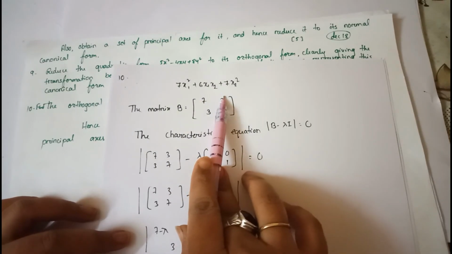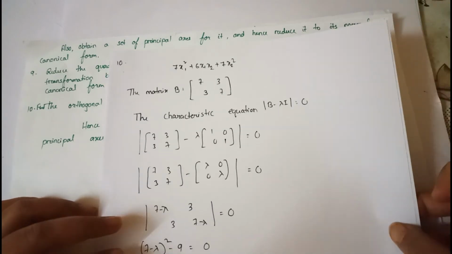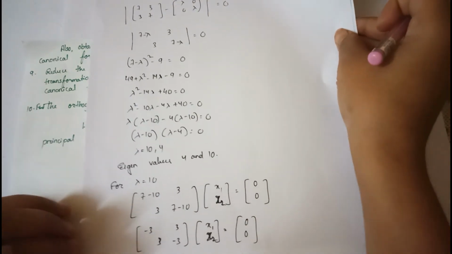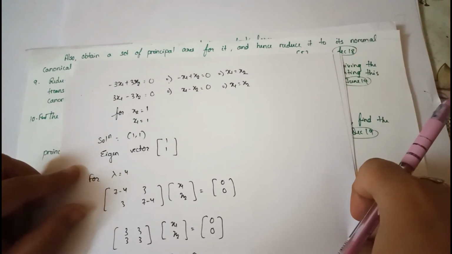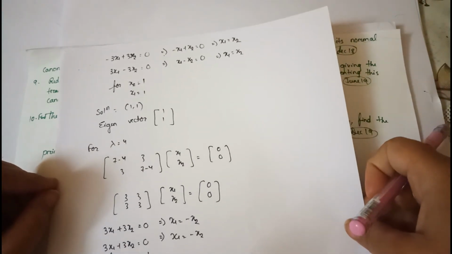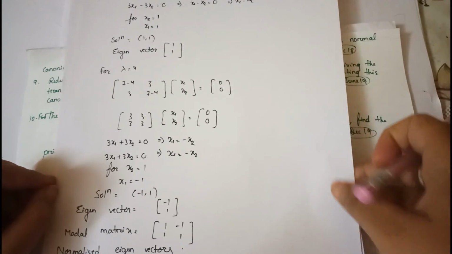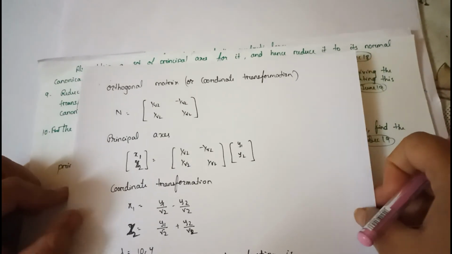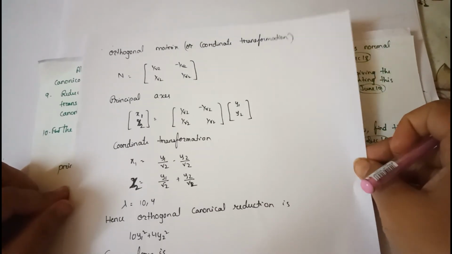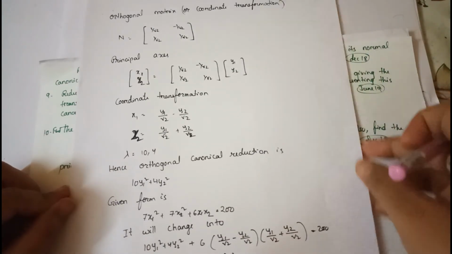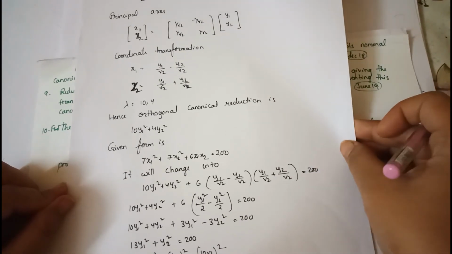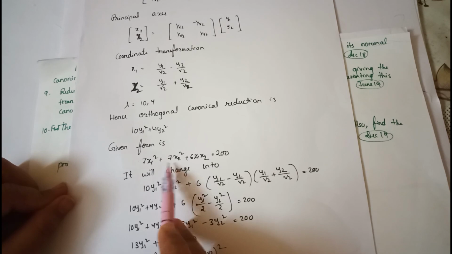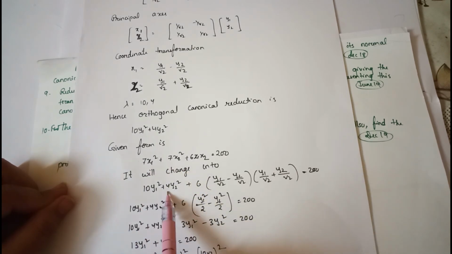So this is the quadratic form, matrix form, then characteristic equation. Look, these are the eigenvalues, and 7x1 square and 7x2 square, the diagonal element will change to this canonical form.